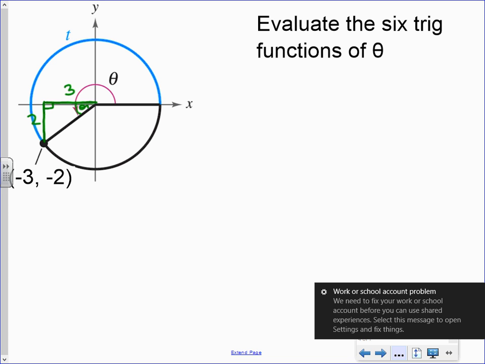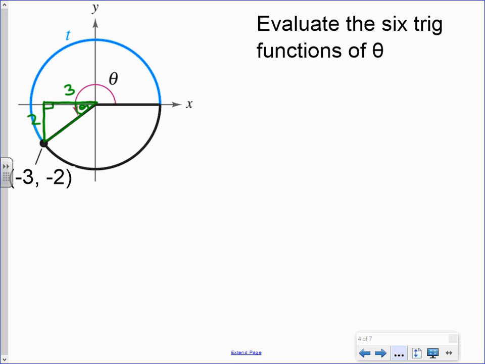So if we have a side length of 3 and a side length of 2, what would our hypotenuse be? Radical 13. 3 squared plus 2 squared would be 13.